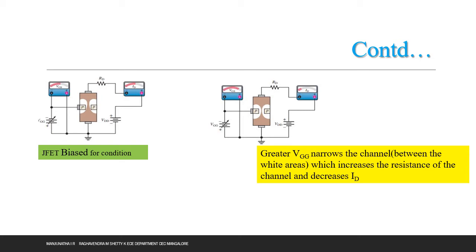We are well aware that with more reverse bias, there is more increase in the depletion width. So we can see the difference between the first figure and second figure.